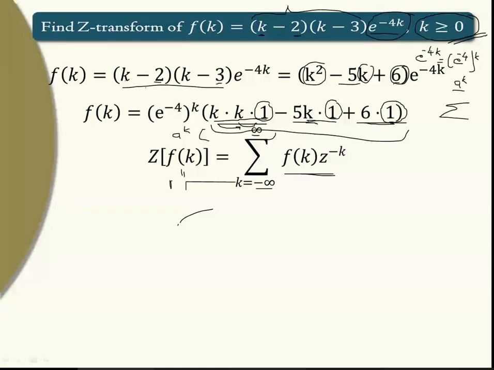And whenever the function is not defined in some interval, we have to assume that within that interval the function is 0. In the previous lecture, we saw that if the function is not defined for any interval, then we assume that for that interval the function takes value 0.